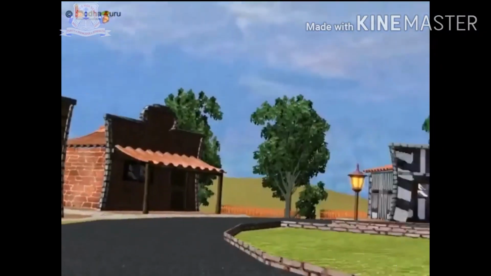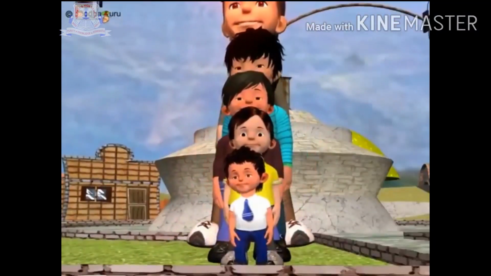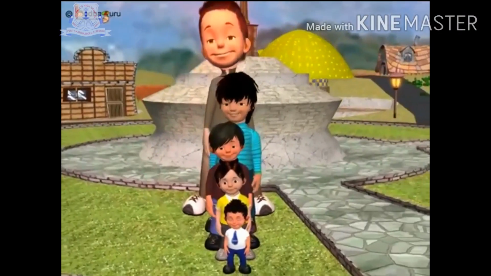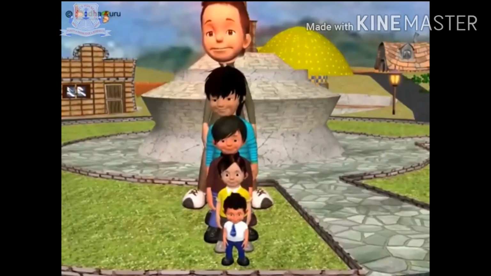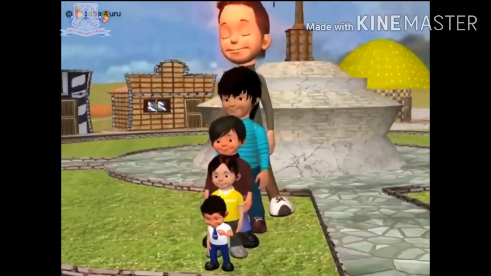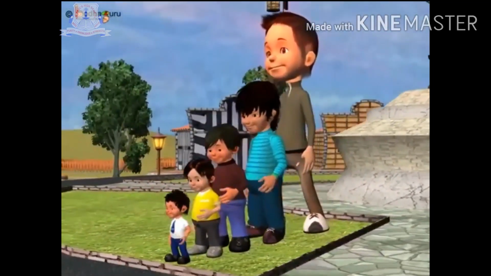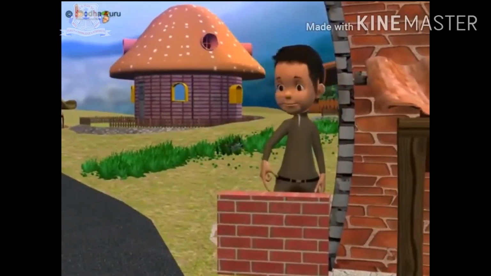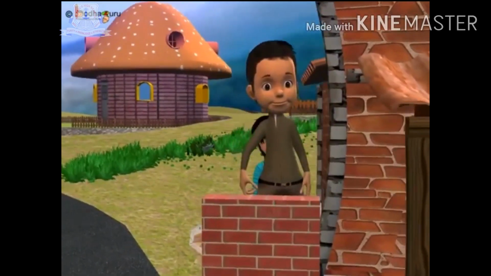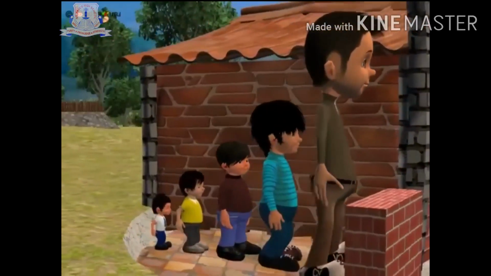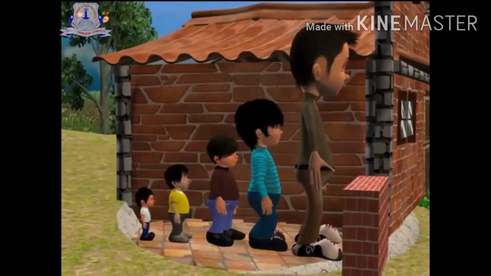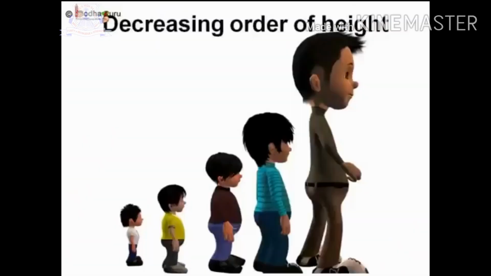So they cannot stand in ascending order of height. So in what order should they stand? The shorter children stood behind the tallest boy, so they are not seen by the naughty boy. So the children stood in the order of decreasing height, tallest to the shortest. We can say they stood in the descending order of height.